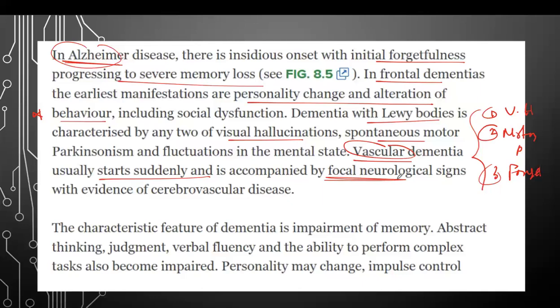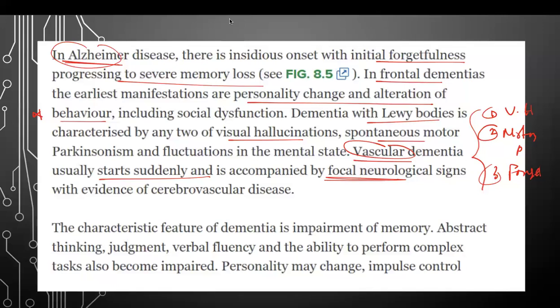And many times there is an underlying stroke or cerebrovascular disease causing this. That's why if an elderly patient comes to you with a very recent onset of dementia, even without a head injury, we do a CT brain just to rule out any chronic subdural hematoma.